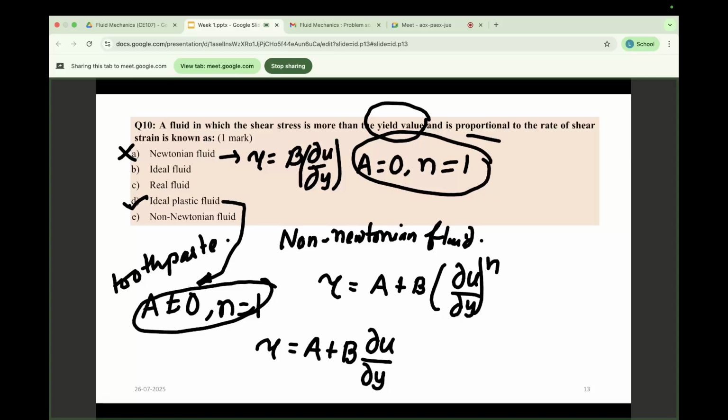In toothpaste, if you press it, a small volume can only eject out of the tube if the shear force is more than the required yield value. In butter also the same phenomenon is there. So the correct option is option D.